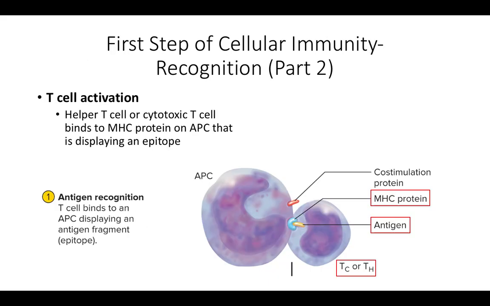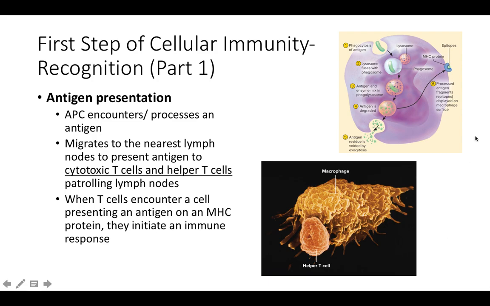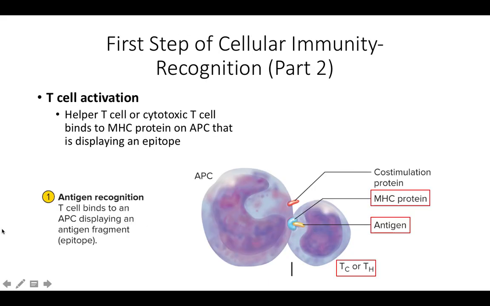The second part of recognition in cellular immunity is T cell activation. So we already said all of this stuff happens. The antigen-presenting cell takes in an antigen, presents it on the surface. It's going to bind to a helper T cell, and then that T cell will be activated.